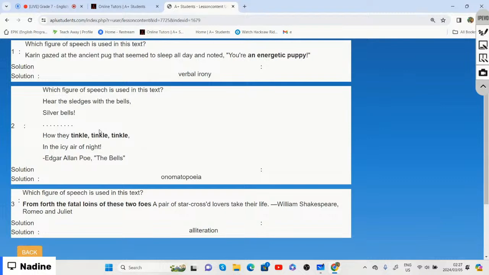And we can say that is onomatopoeia. Yes. So we can say which figure of speech we are going to be using now in the text whenever we refer to something, right?